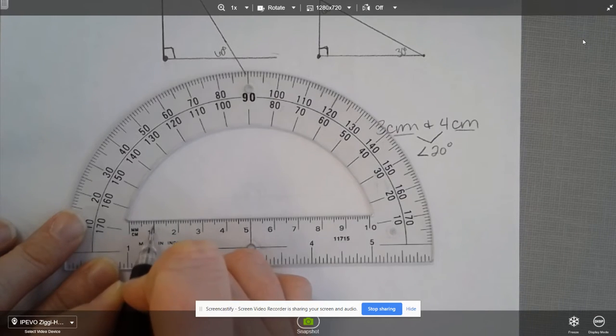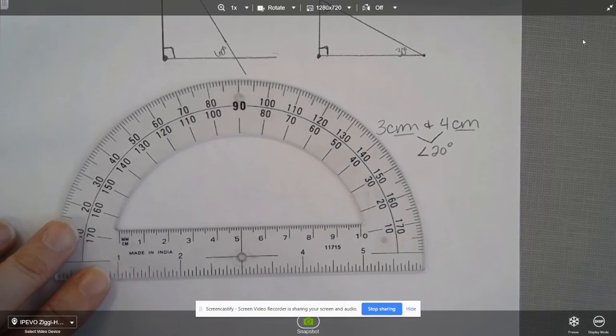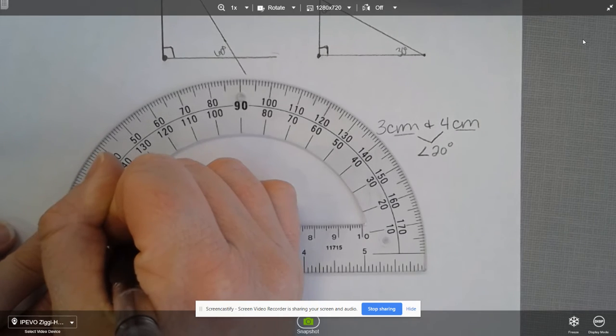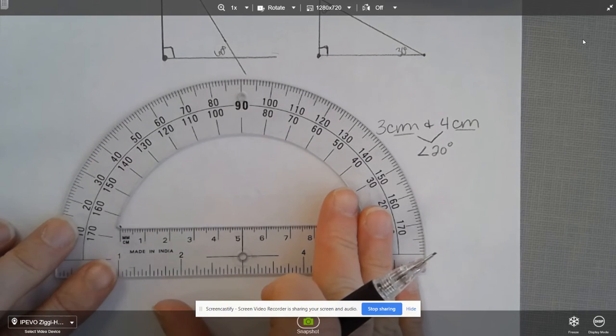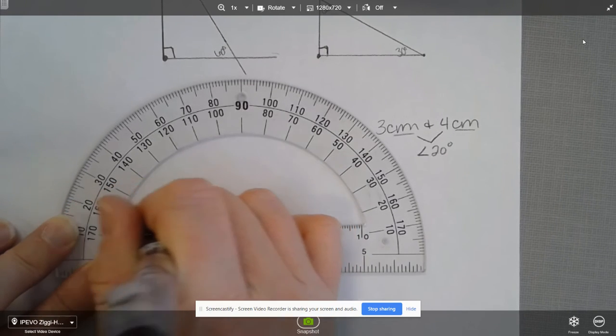From this position to this position again is 10 millimeters. So there are 10 millimeters in that 1 centimeter. But I'm going to be focusing on the fact that I have a 3 centimeter length and a 4 centimeter length. So I'm going to start by putting a point right there. And I'm going to draw a 3 centimeter line.